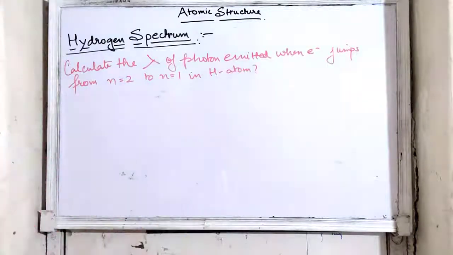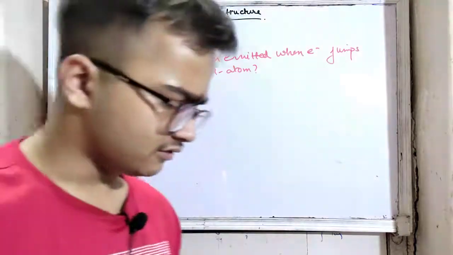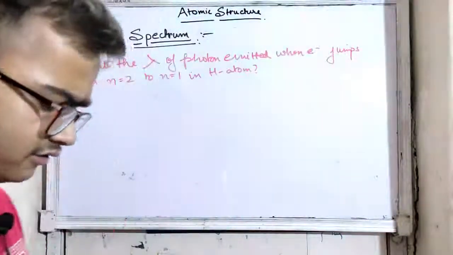So the question is like this: calculate the lambda of photon emitted when electron jumps from n equal to 2 to n equal to 1 in hydrogen atom.